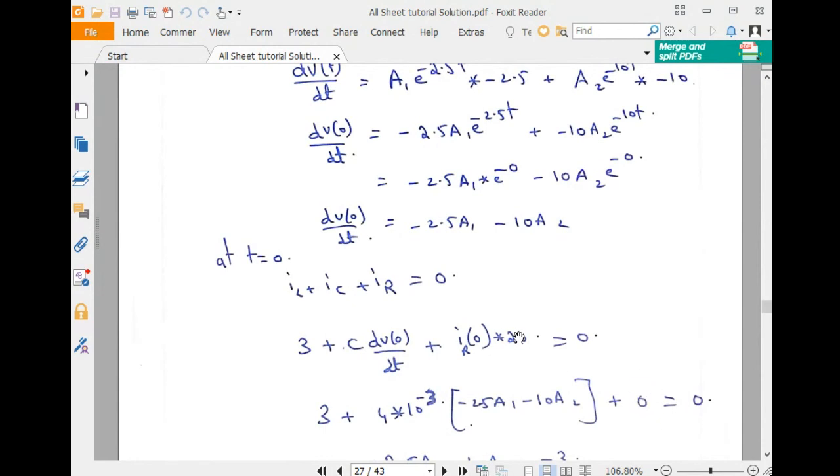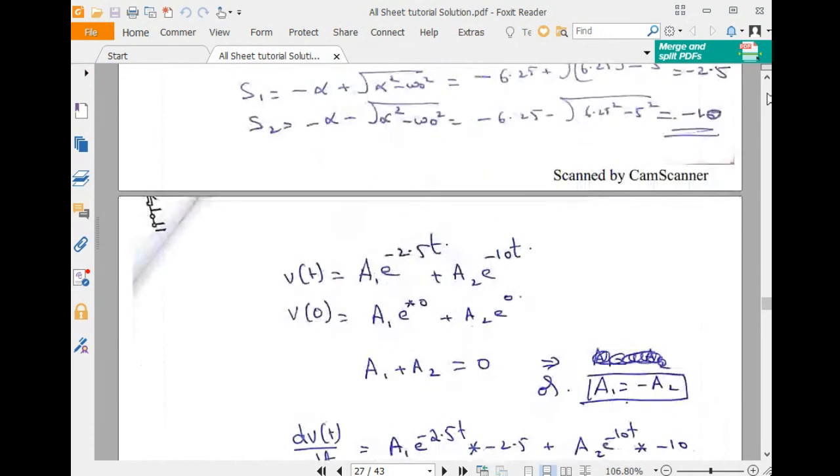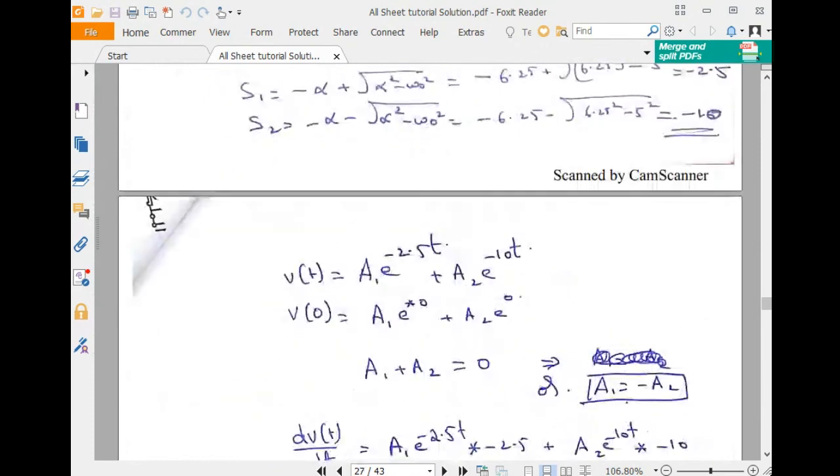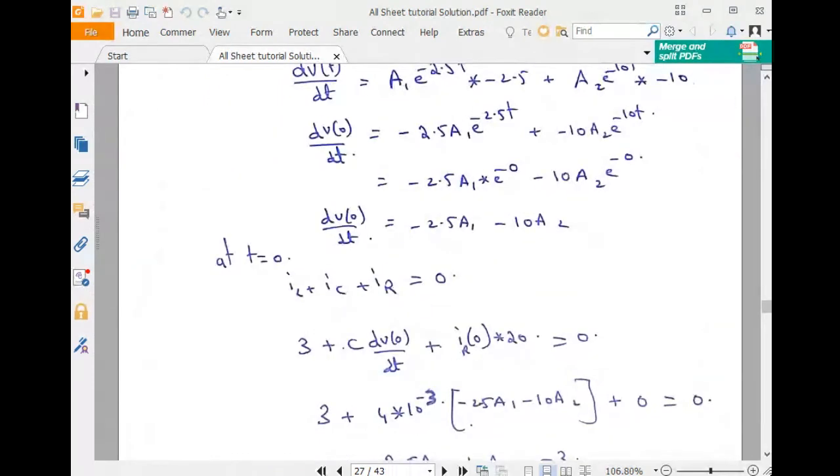What is R? 20. Here is a small mistake, so V of 0 by R will be 0 by 20, it will be 0.